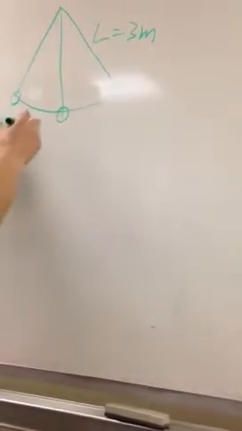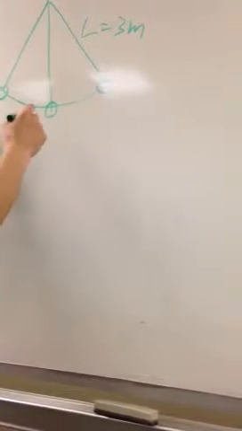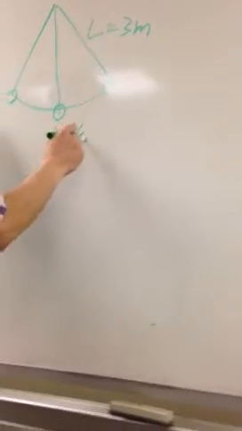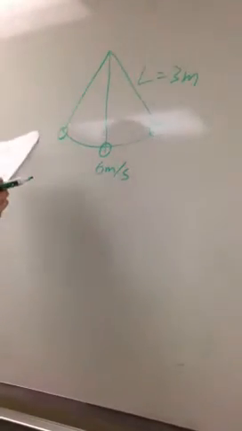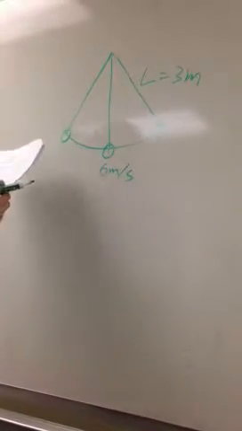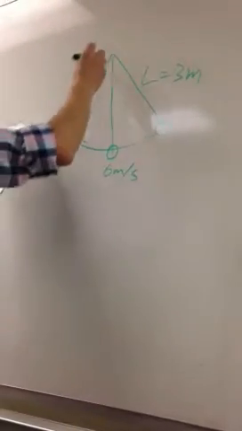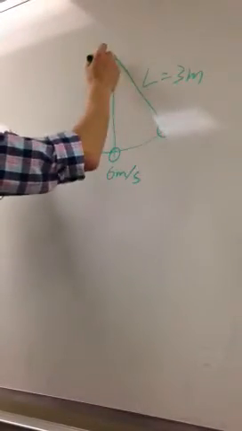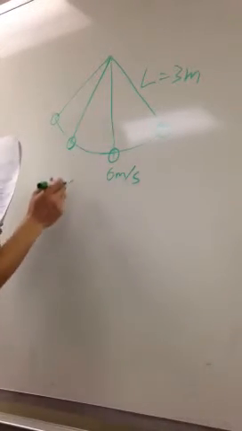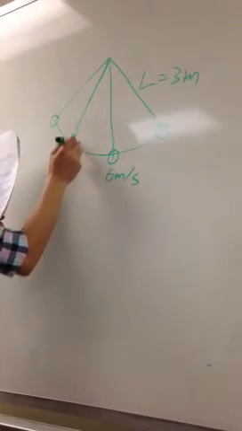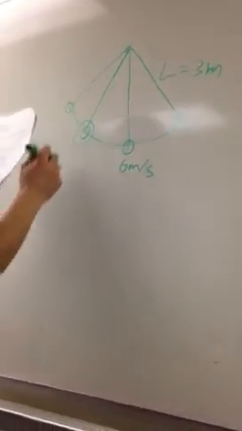The speed at the lowest point is 6 meters per second. The question is, what is the kinetic energy at the instant when we don't know where the maximum is? Let's say here is the maximum. But it asks you in the middle, when it has an angle.